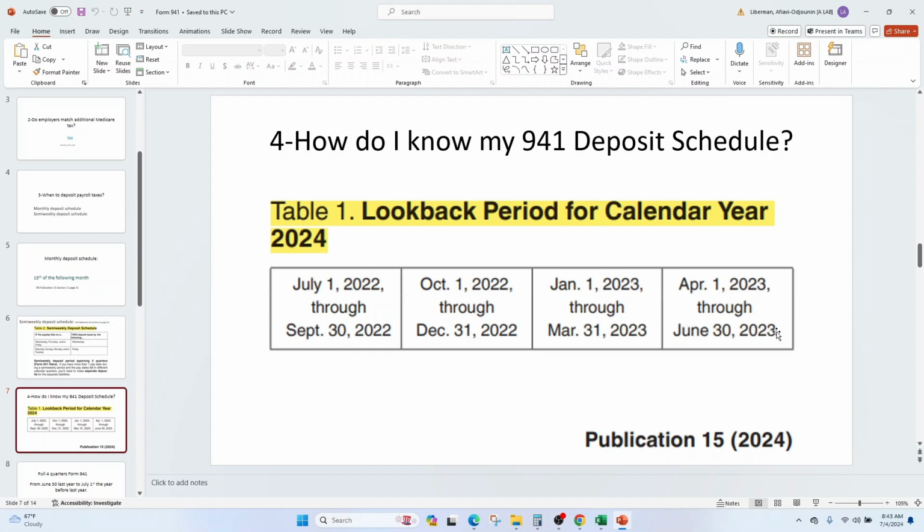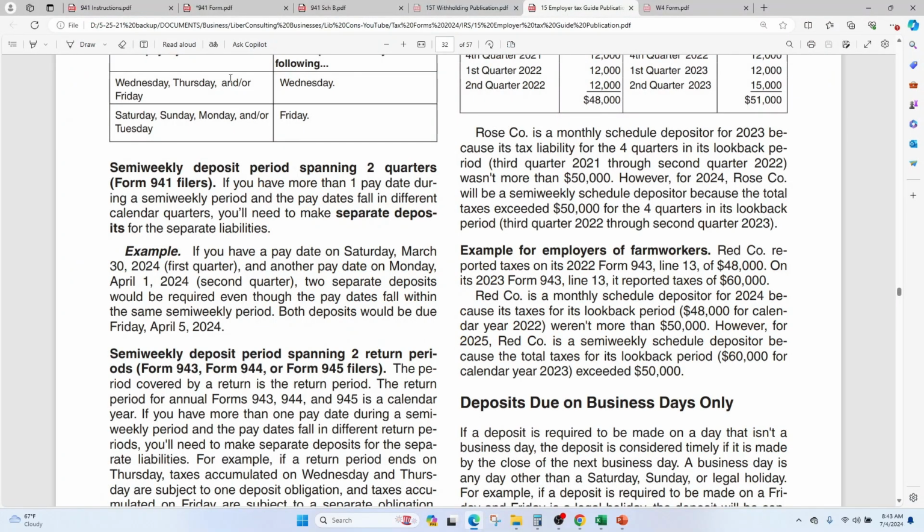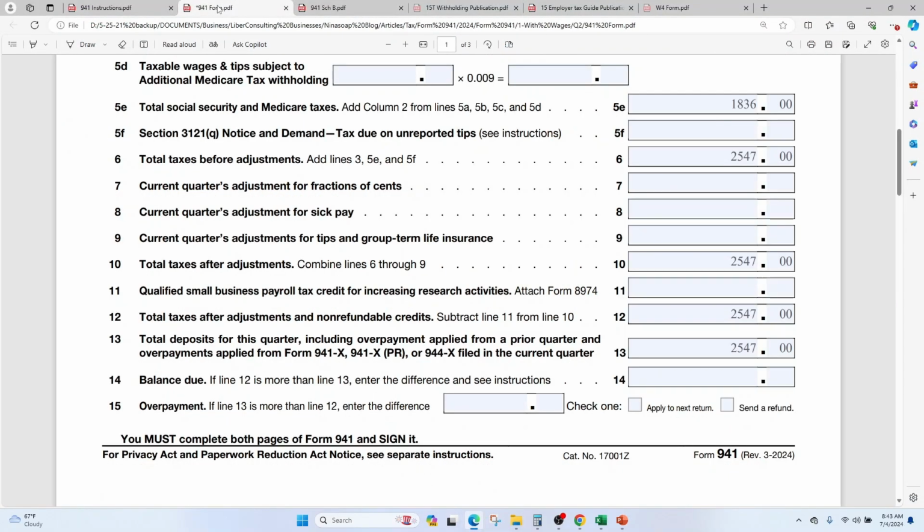So that'll be a one-year time frame. You will pull those 4 quarters of Form 941, and then you look at line 12 on those 4 Form 941s.